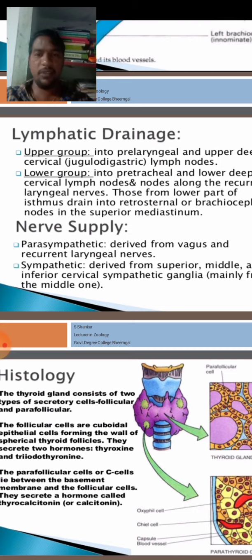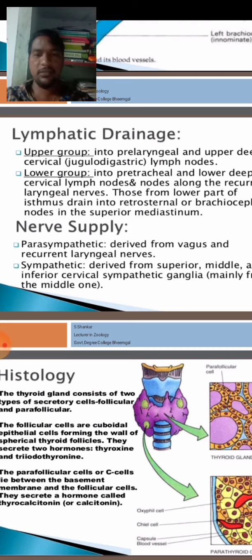Next one is nerve supply. Parasympathetic fibres are derived from the vagus and recurrent laryngeal nerves.